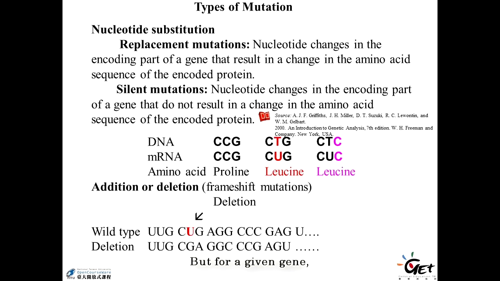But for a given gene, usually only one reading frame is the correct one. So when you have a one base pair or non-triplet indel, insertion or deletion, then you will have a frame shift mutation. The coding frame will shift and usually will cause a stop codon.